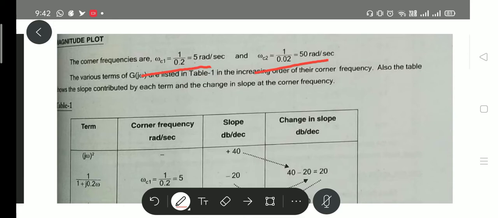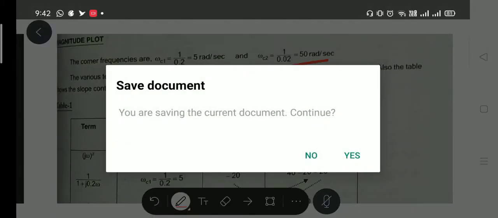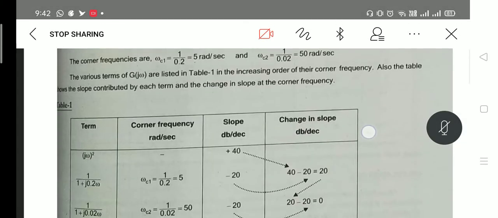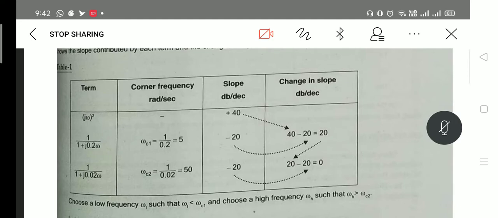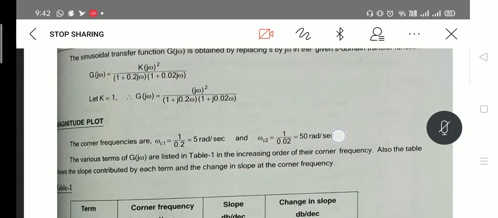Then I take one tabular column: term, corner frequency in radians per second, slope in dB per decade, and change in slope in dB per decade. First I am writing all the terms in this transfer function. We have three terms: (j omega) square, 1 plus j 0.2 omega, and 1 plus j 0.02 omega.